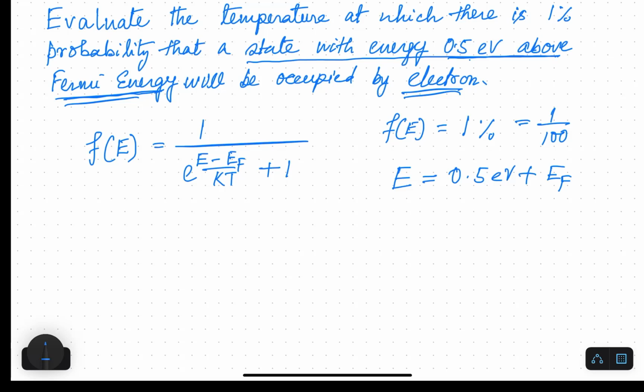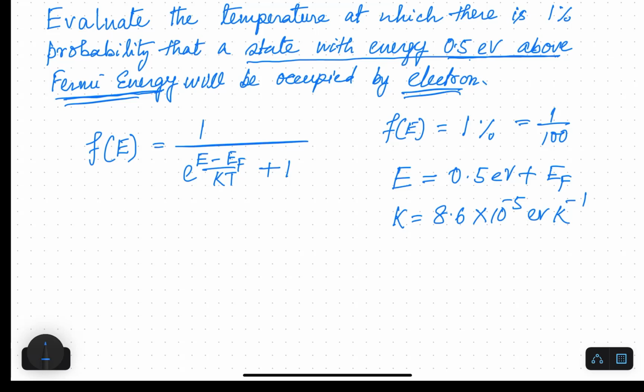So energy is 0.5 electron volt plus Fermi energy. And the Boltzmann constant is 8.6 times 10 raised to minus 5 electron volt per Kelvin. This value you have to memorize because it is a constant.